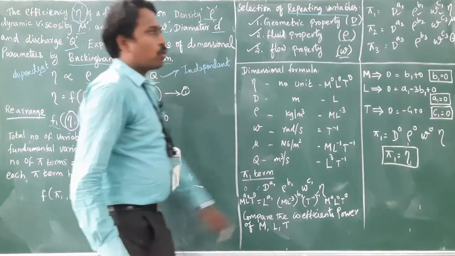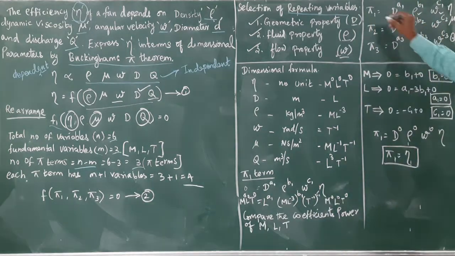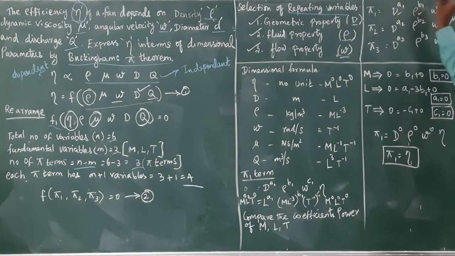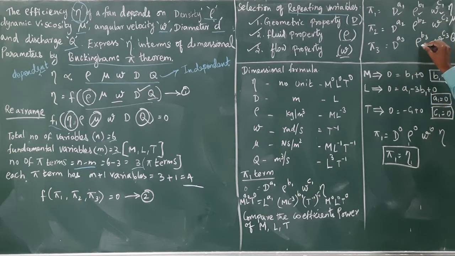Write one by one in the pi terms. So pi 1 equal to d power a1, rho power b1, omega power c1 into eta. Next, pi 2 term d power a2, rho power b2 and omega power c2 into mu. Third pi term d power a3, rho power b3, omega power c3 into q.